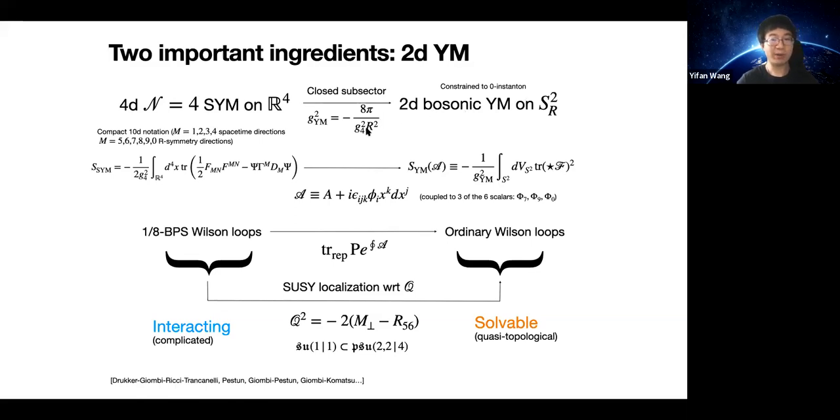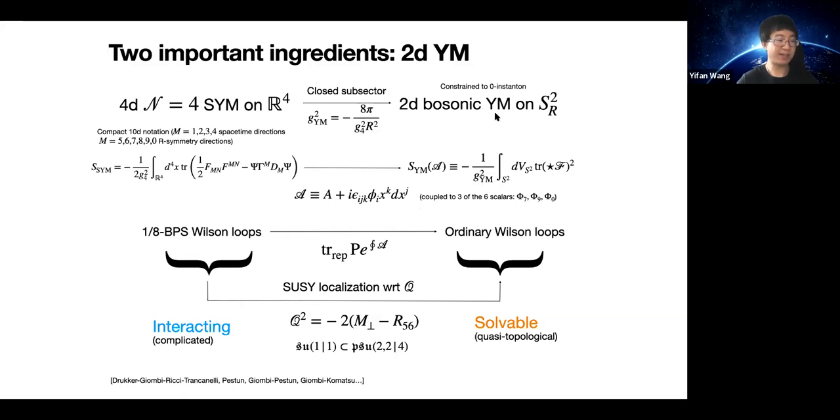The 2D gauge coupling is related to the 4D gauge coupling as follows. You may worry about the minus sign, and that is warranted, and that requires some particular integration contour in this 2D Yang-Mills description that's addressed in these papers. The 2D gauge field in the bosonic Yang-Mills theory is emergent from the 4D perspective.